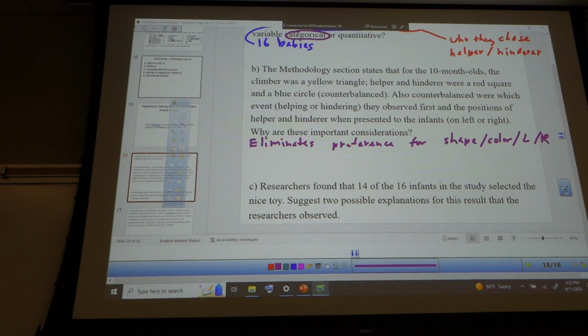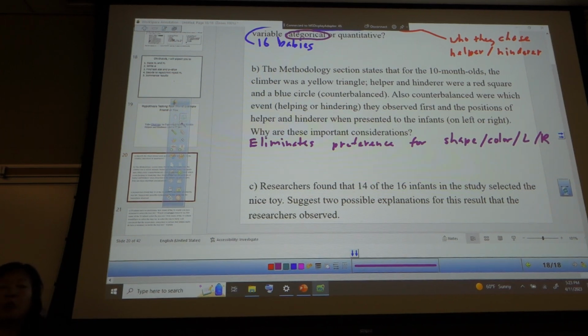Now, researchers found that 14 out of 16 of them liked the nice toy. What are two possible reasons why 14 out of 16 prefer the nice toy? What's one possible reason? Yep. They like probably the one helping because that's just viewed as something nice. Yeah, they have a preference for the nice toy.